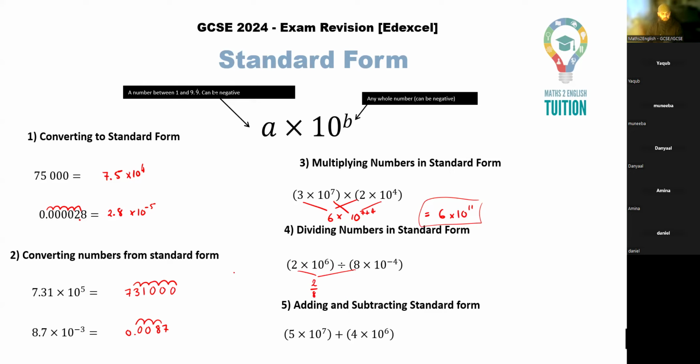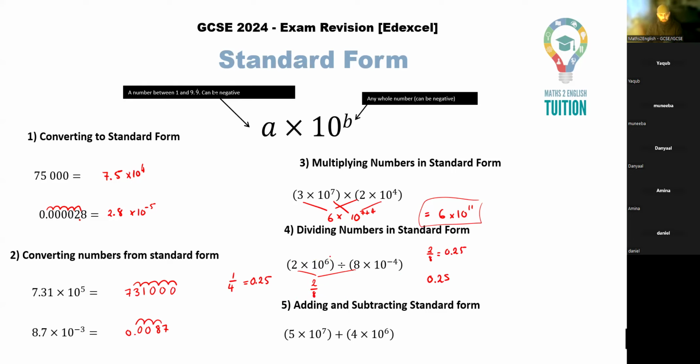If I write it in decimal, it's going to be 1 over 4, and 1 over 4 is the same as 0.25. Now, this is where it gets a bit complicated, okay? Not too complicated, a bit complicated. So I can just make 2 over 8 the same as 0.25, okay? Once I've got 0.25, I can do the remainder, okay?